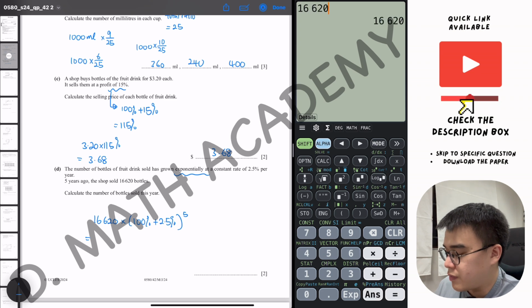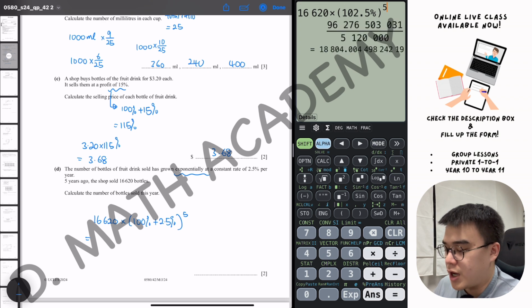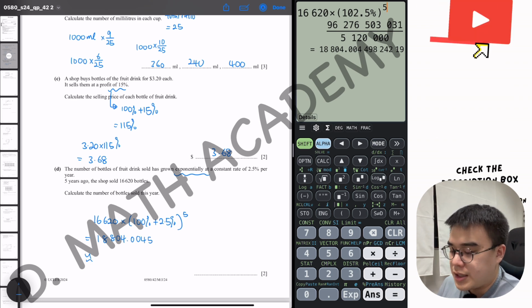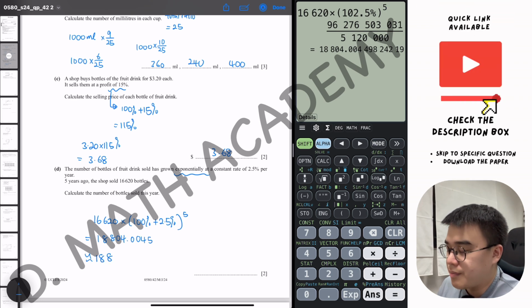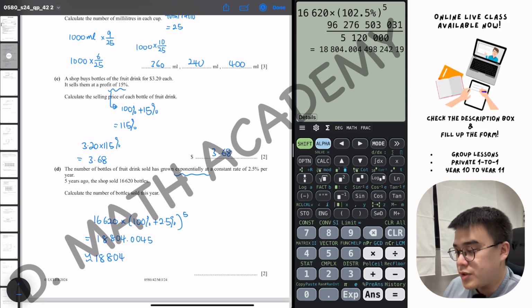So just multiply with 102.5% to the power of 5. You should be able to get your answer as 18,804.0045, which is approximately 18,804 bottles here. Okay, so that's pretty much it for question 1D.